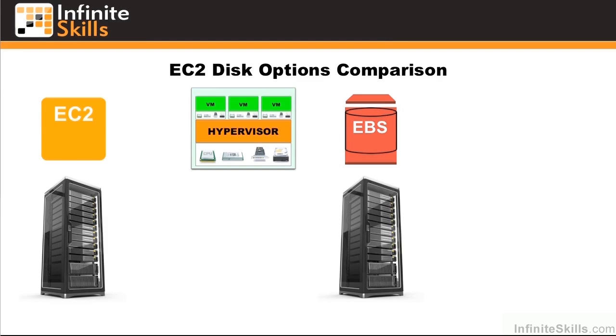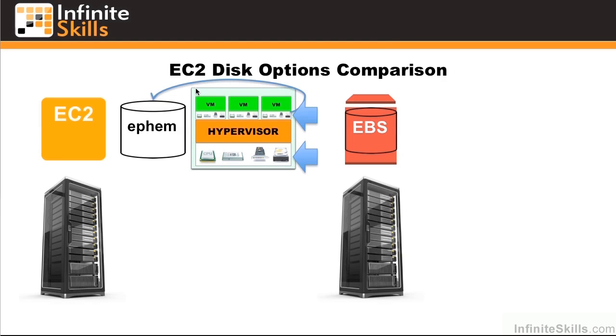Let's blow that up a little bit. This hypervisor takes the machine's local resources, such as CPU, RAM, network card, and disk, and makes those available as individual pieces to each VM so that each VM sitting above the hypervisor has access to a part of the underlying hardware. When we talk about ephemeral or instant store, we're talking about that disk.